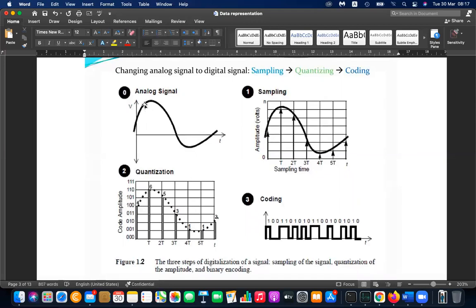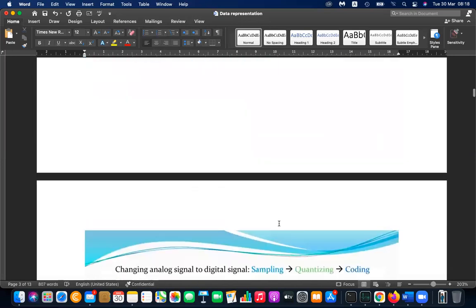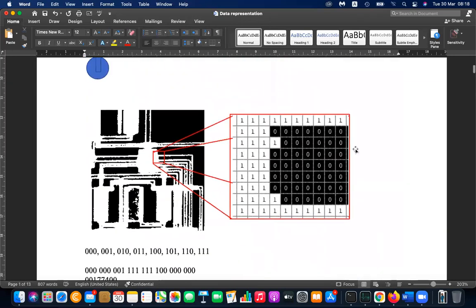You divide the analog signal into equal time intervals, take the value and write it in binary, and this is the signal which is to be written on a CD or DVD or hard disk, or sent over a wire. So the computer prefers this version, whereas we like to listen to music. The computer prefers this version of matrix, whereas we like to see images. We like to see videos, but the computer still prefers this version.